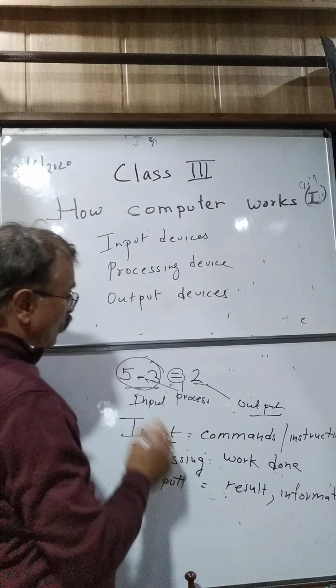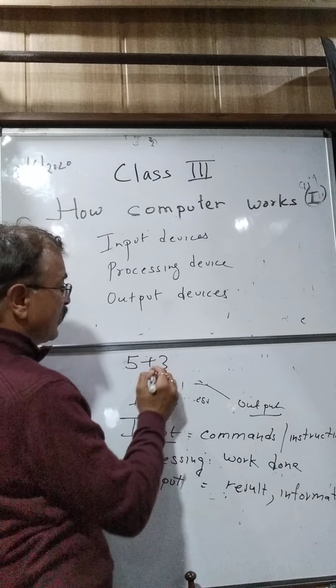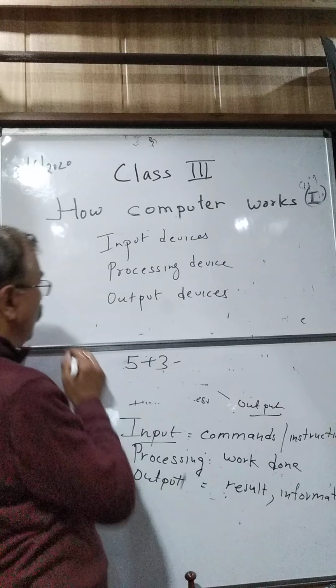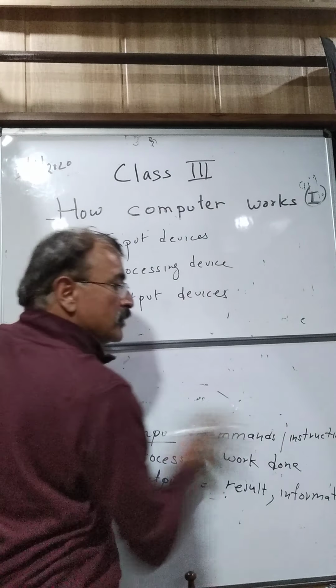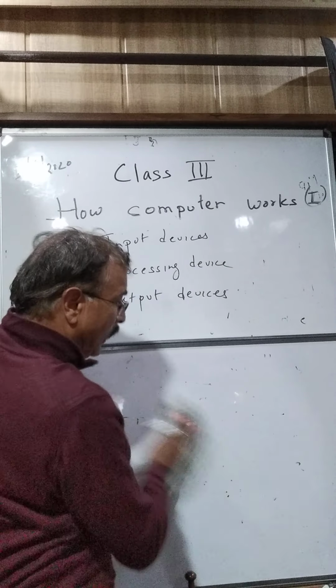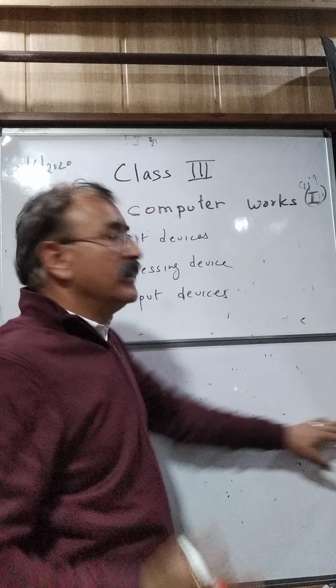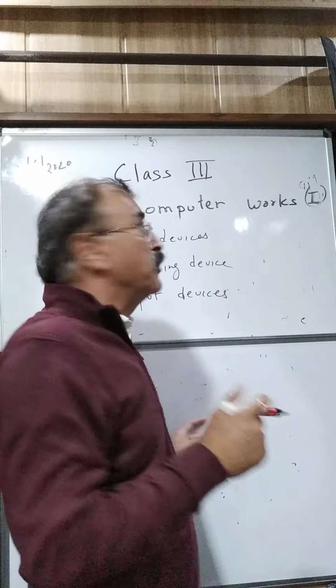Now suppose if I want to type this, I will use a keyboard. When you play games, you use a joystick. That is also an input device. Then mic, you can give commands also. Mic is also an input device.